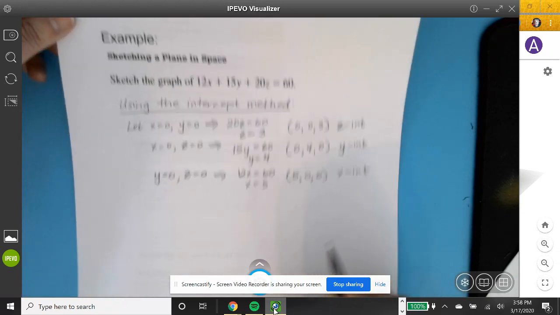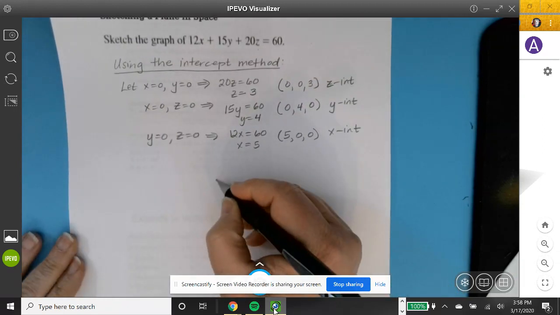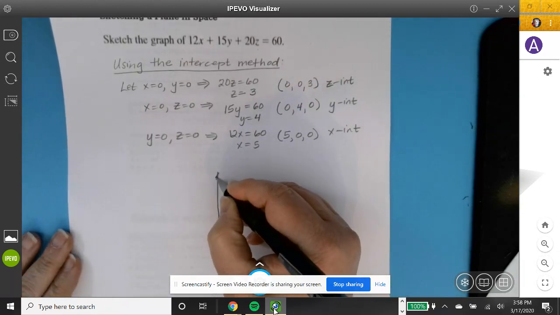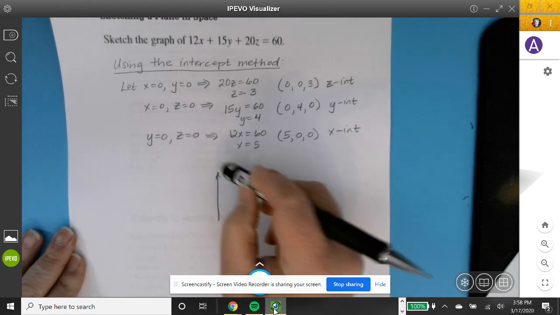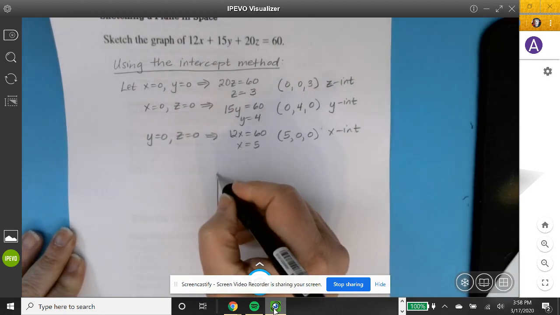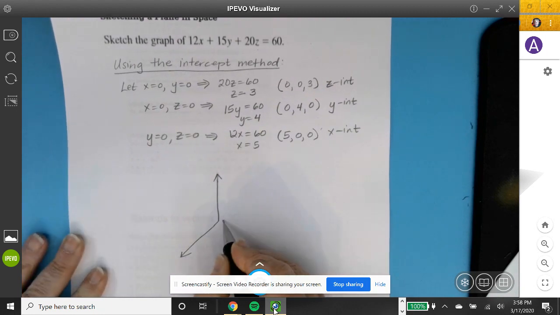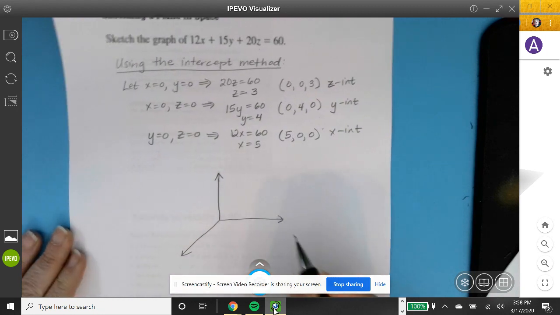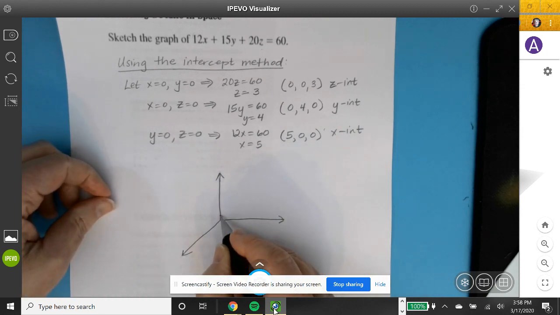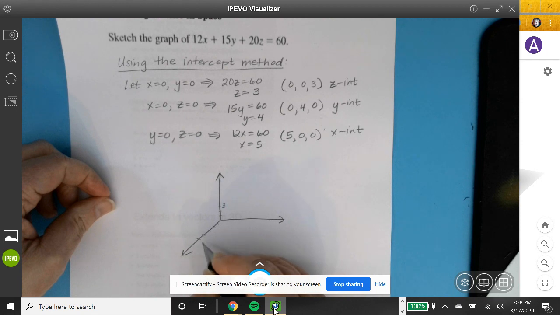And if I were to graph this by hand, I would do my z-axis first. My little arrow's a little bit weird. Okay, my z-axis first. And then I'd have the x-axis coming out here and the y-axis going out here. And then I'd go 1, 2, 3 in the z, 1, 2, 3, 4, 5 in the positive x-axis, and then 1, 2, 3, 4 in the y-axis.